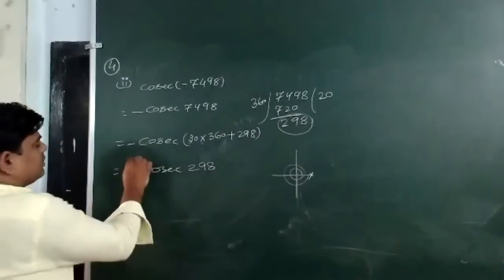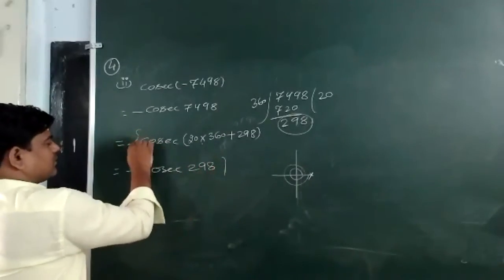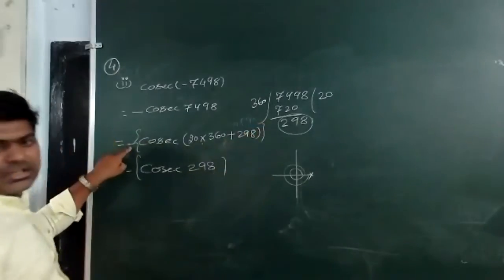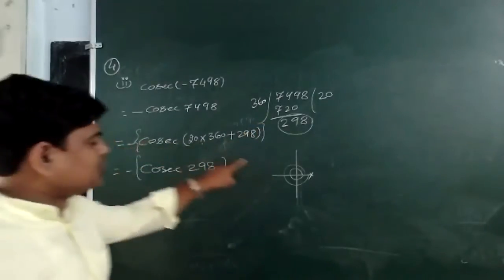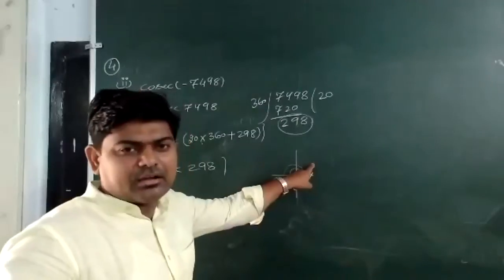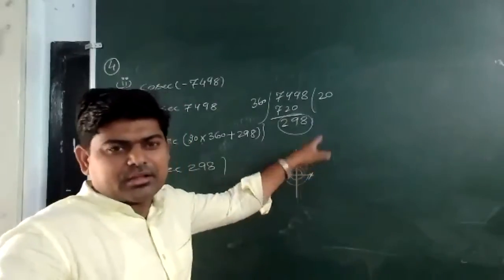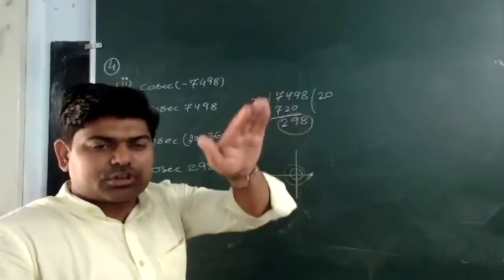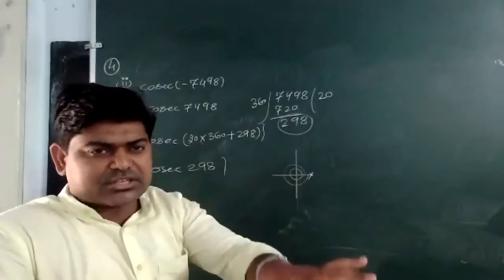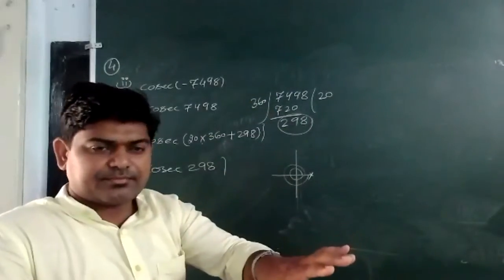See, that minus was there in the starting. I took 360 plus theta, which will be in the first quadrant. In the first quadrant, cosec is positive. With 360, it will not change.